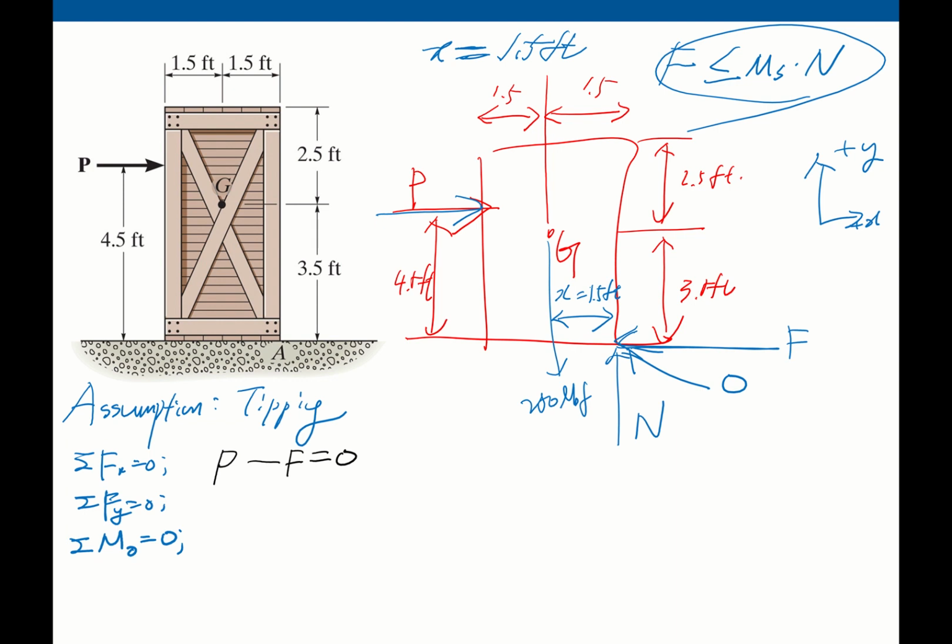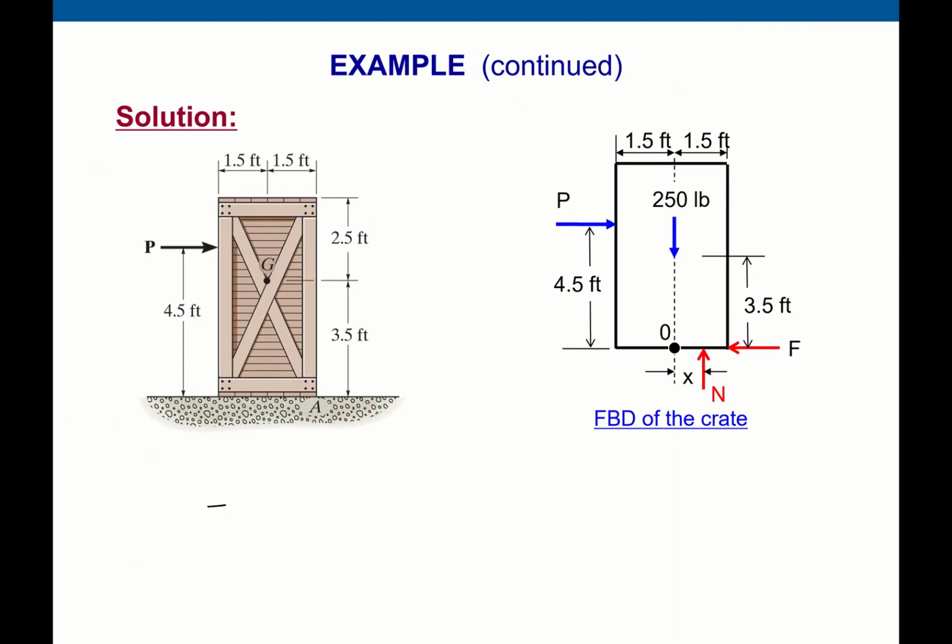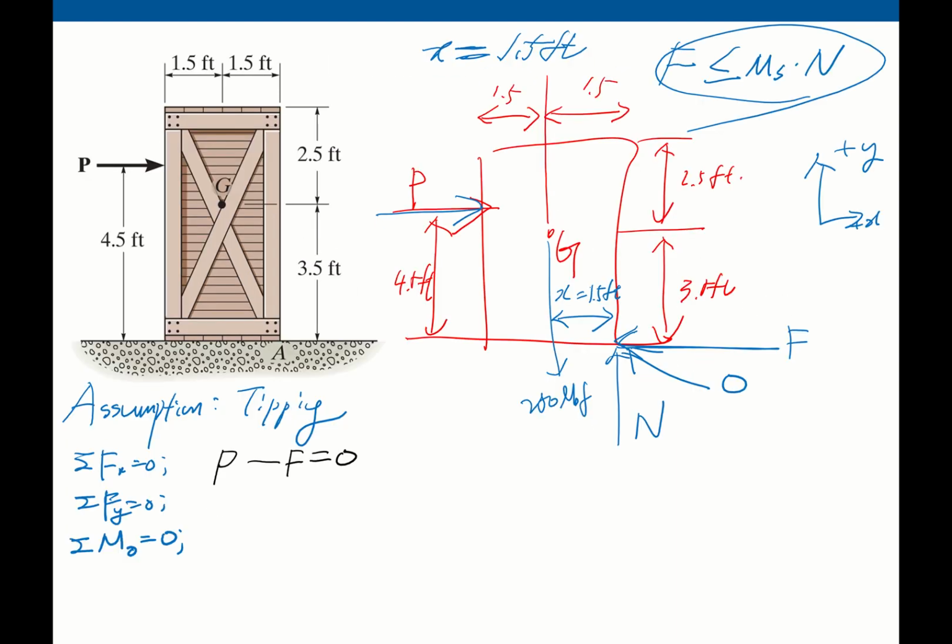For the vertical one, minus 250 pound force plus normal force equal to 0. So normal force is 250 pound force. P is F.